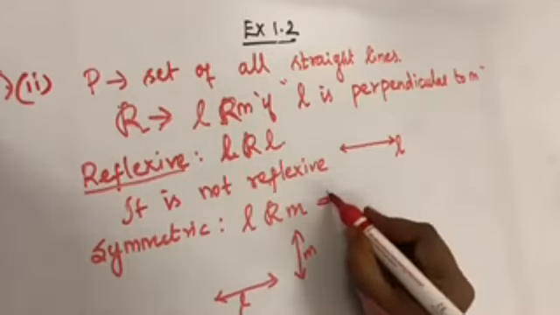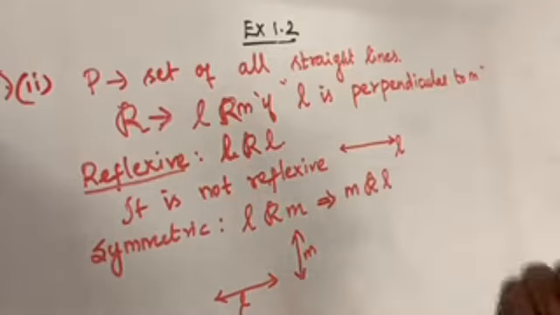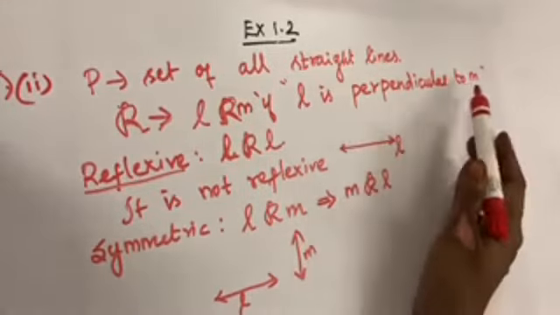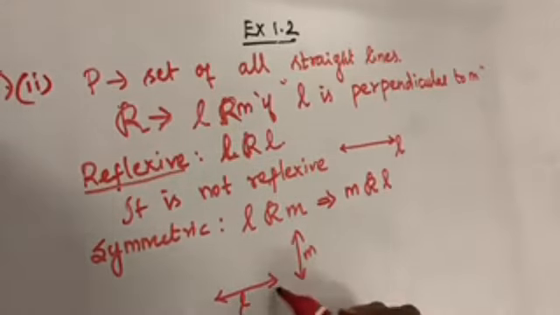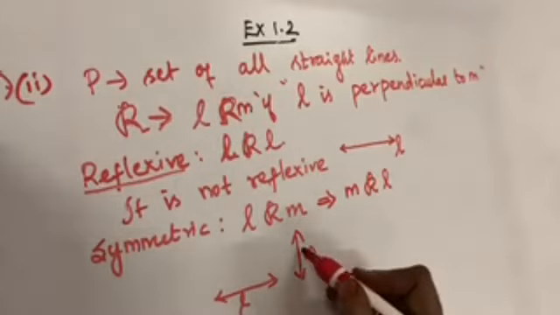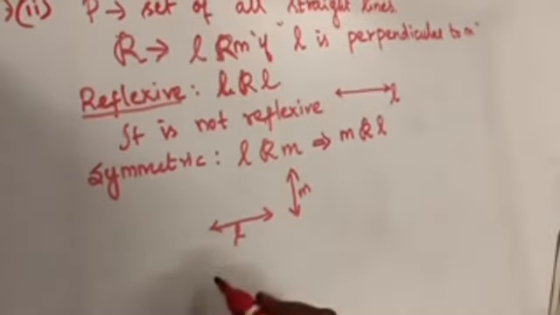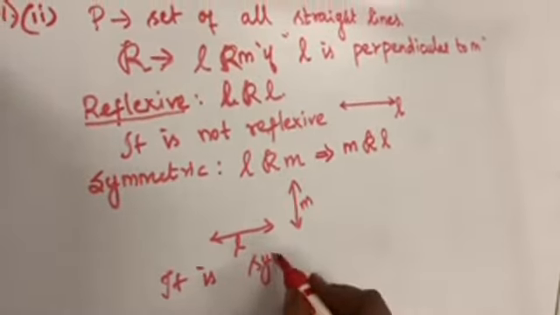That implies M is also related to L. That means M is also perpendicular to L. Is it possible? Yes. If L is perpendicular to M, M is also perpendicular to L. So in this case, it is symmetric.